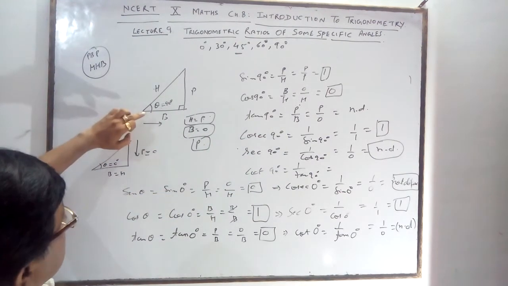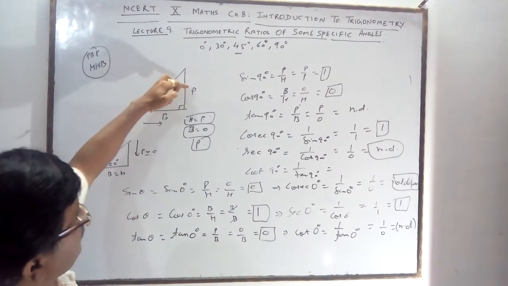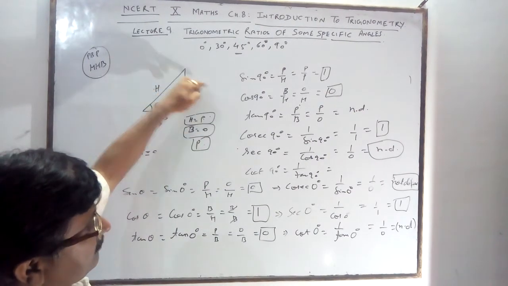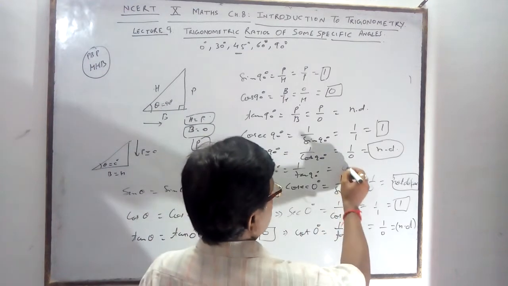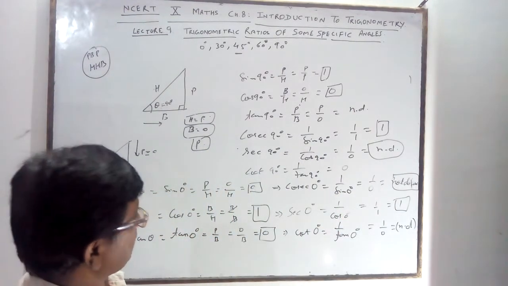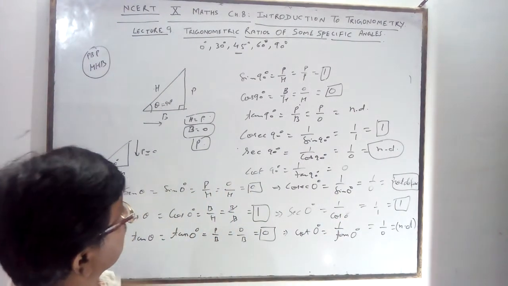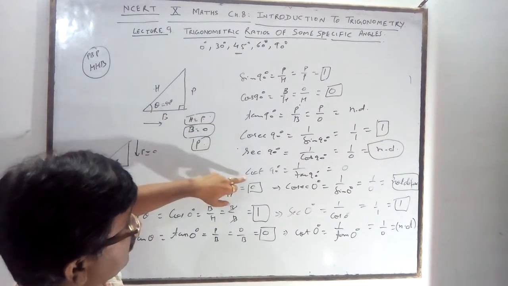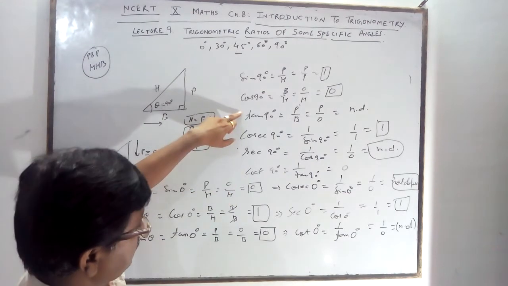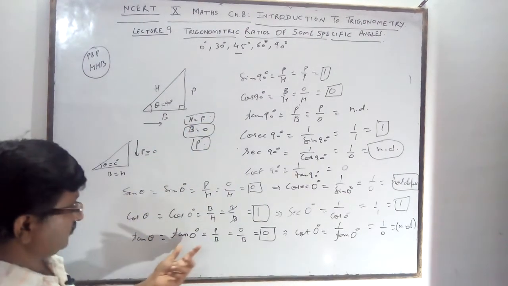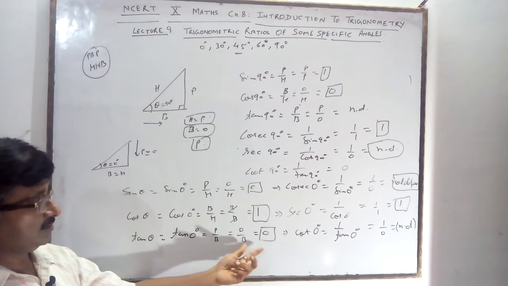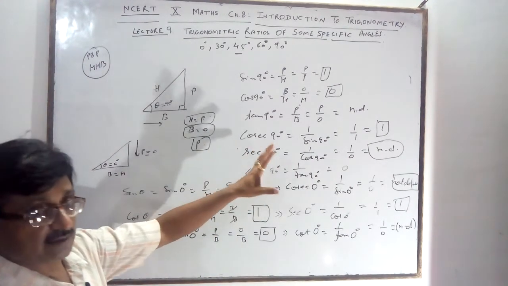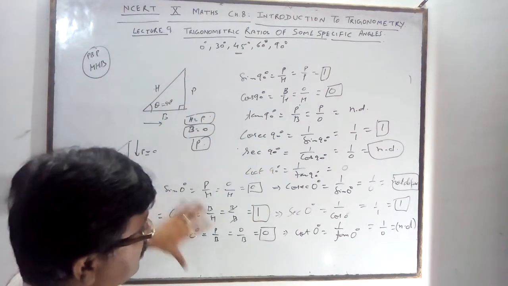Cot 90 degrees means base upon perpendicular, and base is already 0, so 0 upon P will become 0. What is the tan 90 degrees? Cot 90, tan 90. Tan 0 is 0, cot 90 is 0. Very simple. So you are getting all these values.